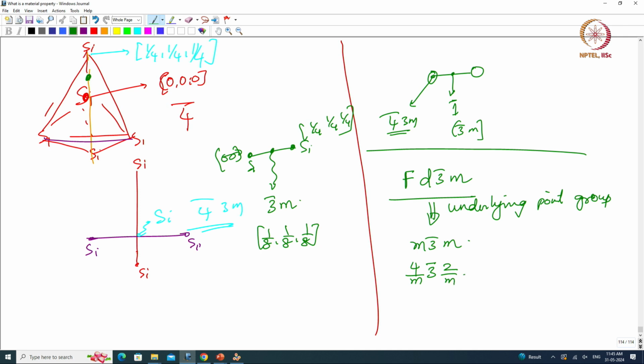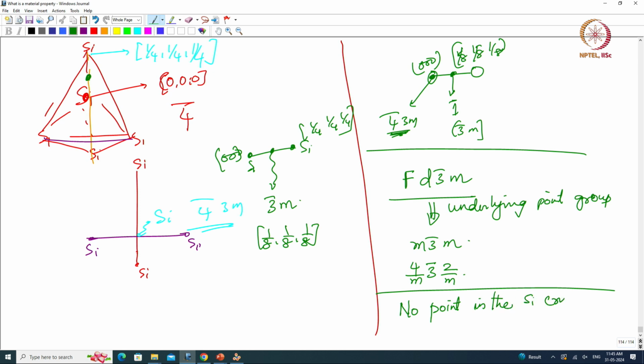However, you can see in my silicon structure that this point has the highest symmetry, which is 4 bar 3 m. This has the next highest symmetry. This is 0 0 0, let us say this is 1/8 1/8 1/8. But you can see that there is no point in the silicon crystal that has an m 3 bar m symmetry.